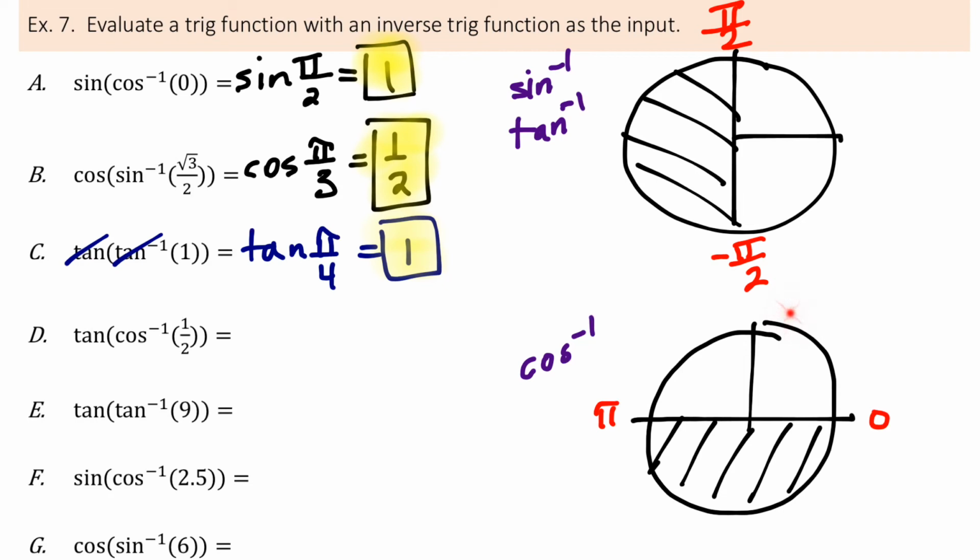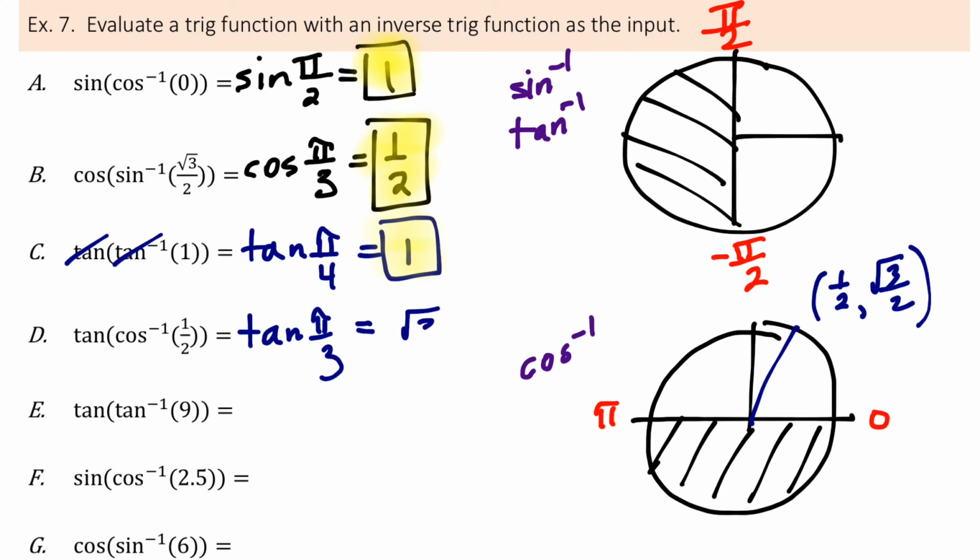So I'm taking the tangent of pi over 3. If I'm at pi over 3, that means my cosine is 1/2 and my sine is root 3 over 2. So sine over cosine is going to be root 3. The 2's are going to cancel.